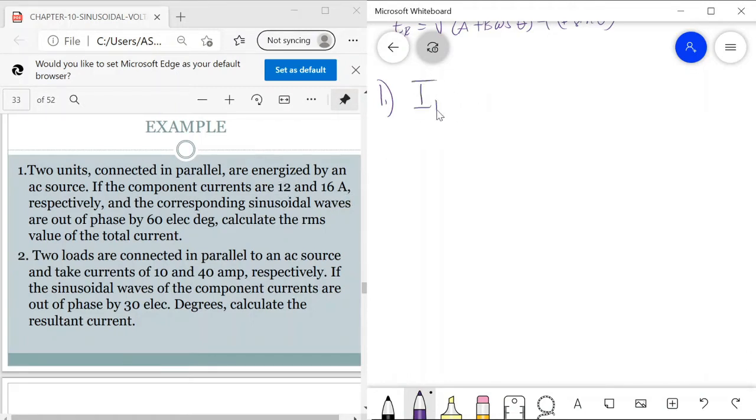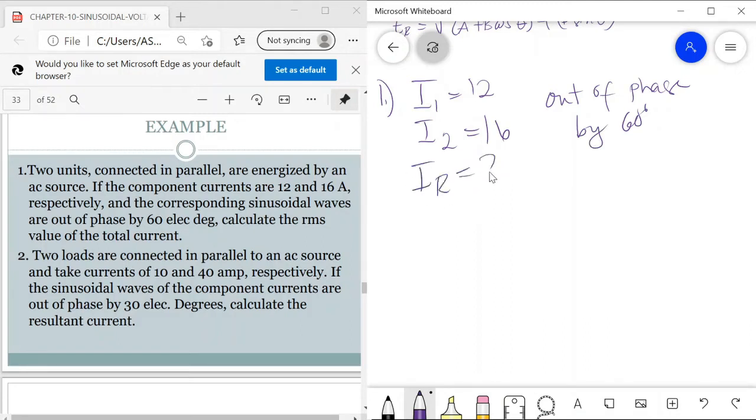Let's say I1 is equal to 12 and I2 is 16 respectively, and they are out of phase by 60 electrical degrees. Calculate the RMS, the total current.